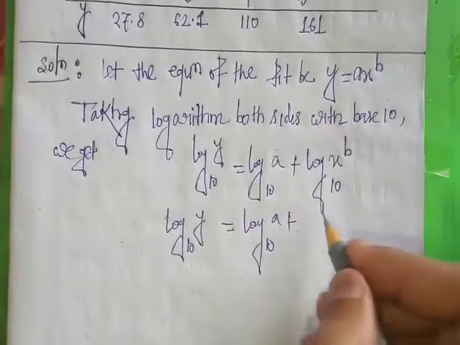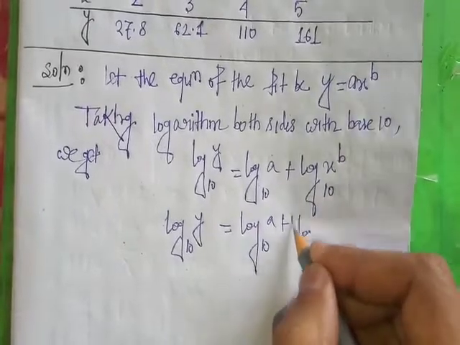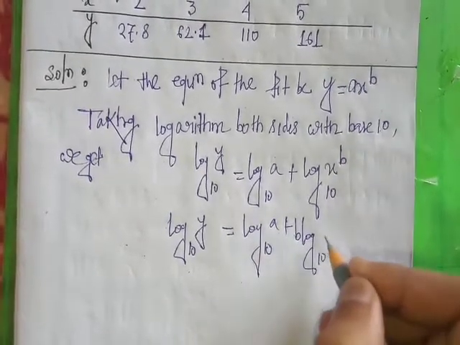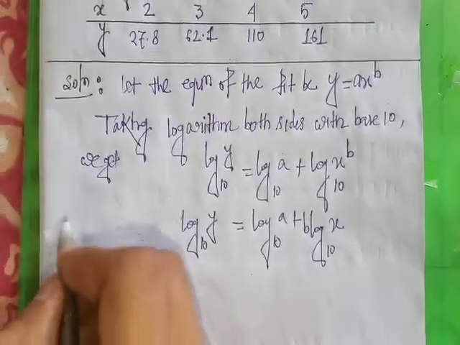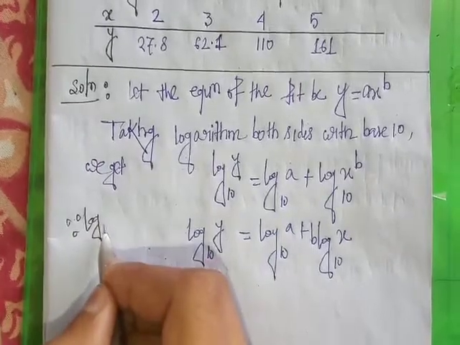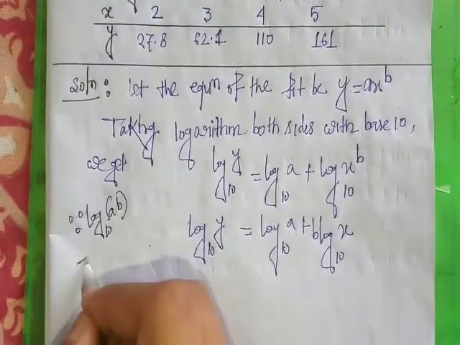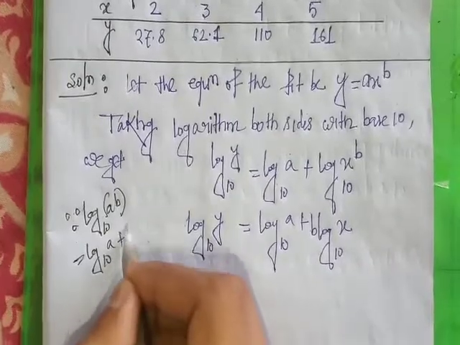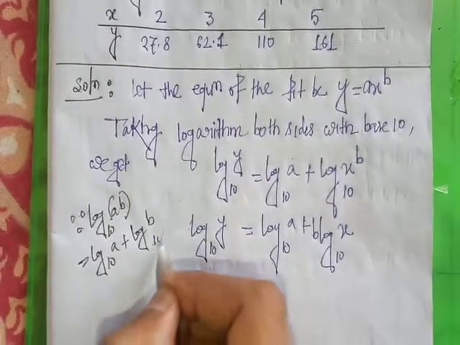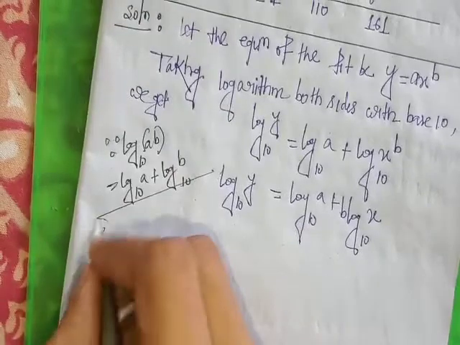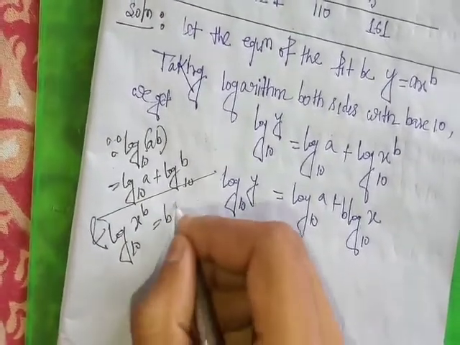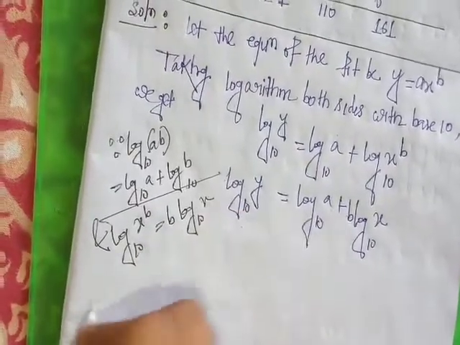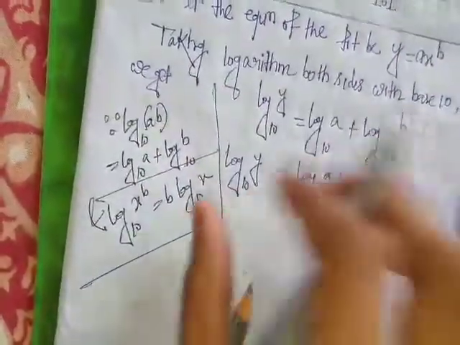This is also a result. So b into log 10 x. Since log 10 ab equal to log 10 a plus log 10 b and log 10 x to the power b equal to b log 10 x, using this result we get this.